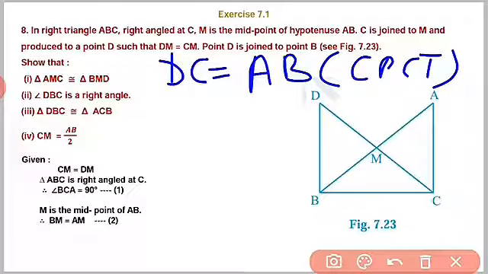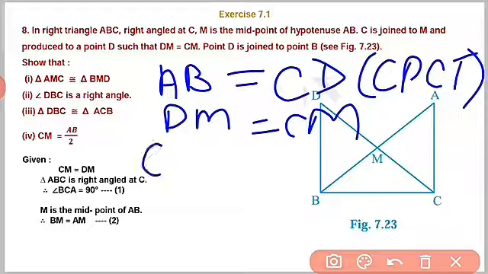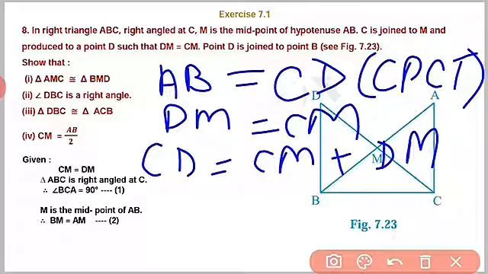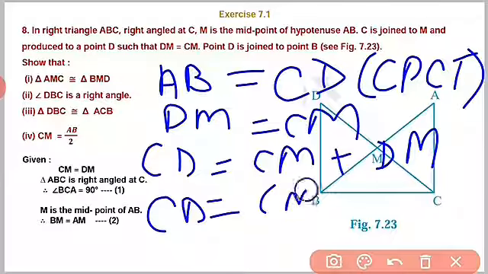And we have been given that DM is equal to CM. So CD is equal to CM plus DM. So we can equate as CD is equal to CM plus CM.